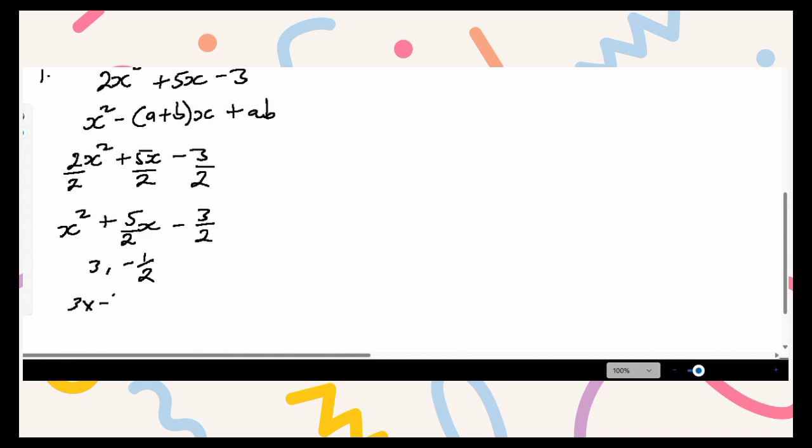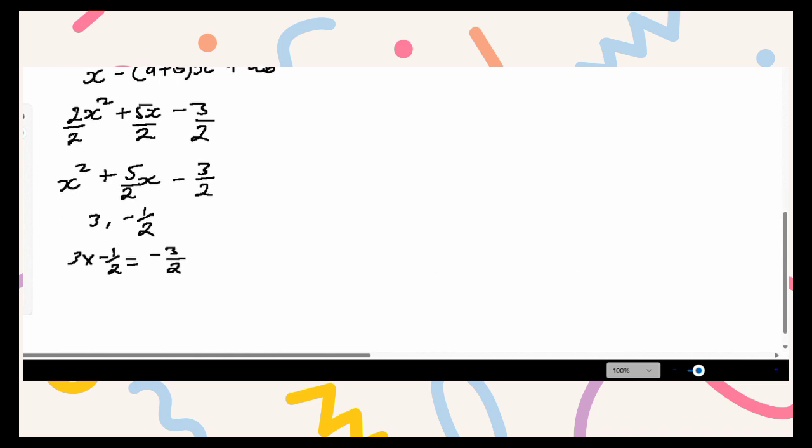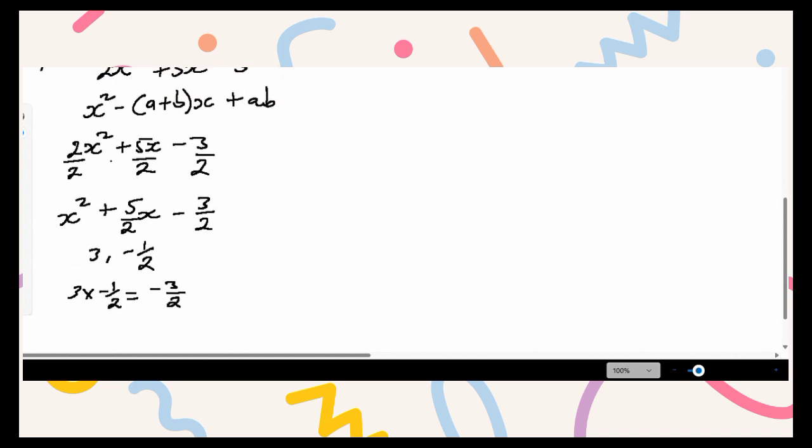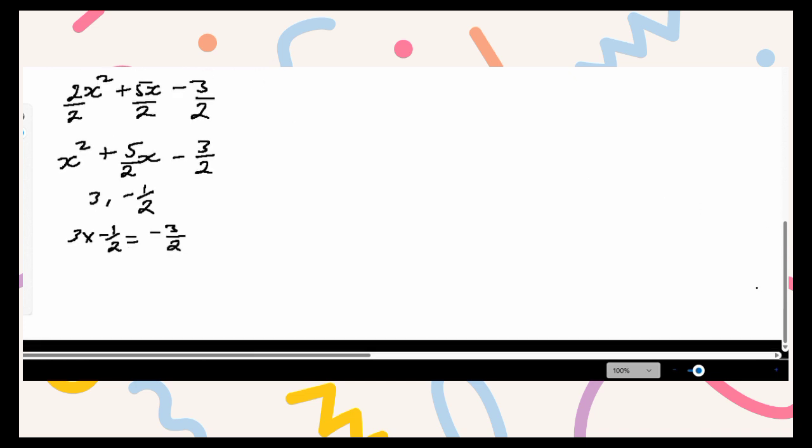3 times minus 1 over 2. So 3 times minus 1 is minus 3, then over 2. So I'm getting the constant, right? Okay. Now let us also see if we're going to get the coefficient of x, which is 5 over 2. And from the general expression, x squared minus (a plus b)x plus ab, we're going to add the 3 and the minus 1 over 2 to get the coefficient of x.